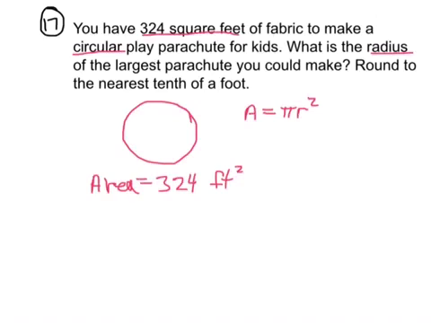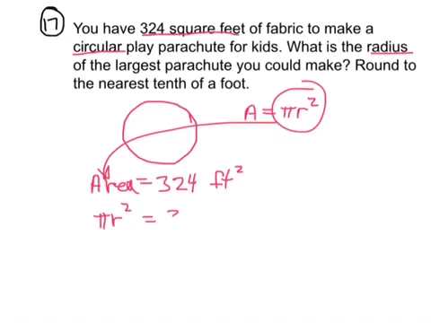So looking for the radius, we could say plugging pi r squared in for area, we'll have pi r squared equals 324. So we have to solve this equation. So pi is really 3.14. So 3.14 r squared equals 324.